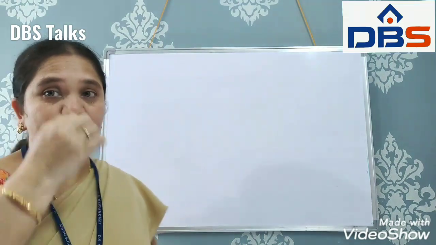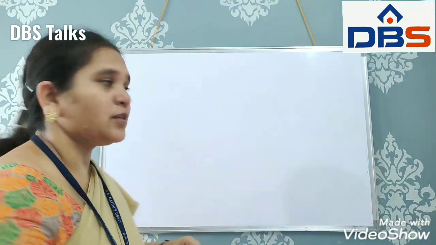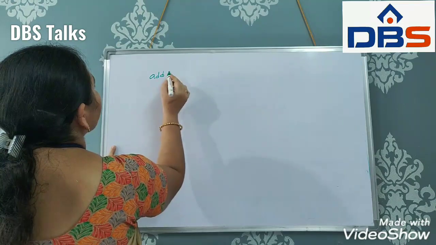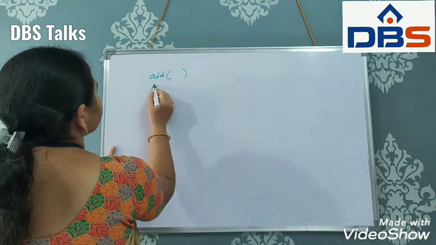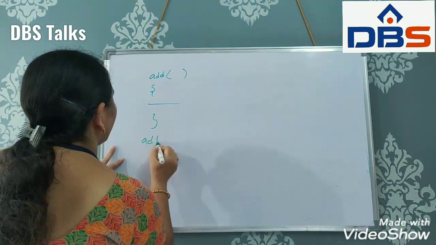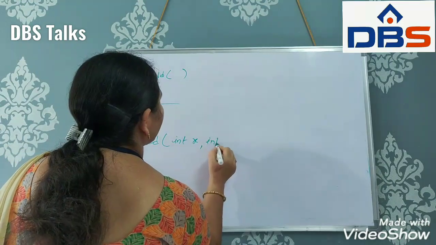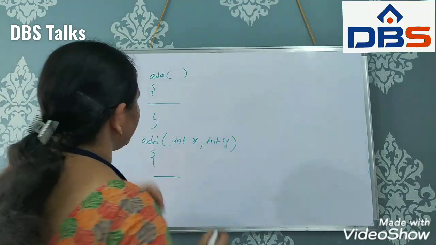For example, we have the idea about functions in C. Suppose we are writing code like this: add, this is a function. We will write some instruction here. Again, add int x comma int y, we will perform another statement.